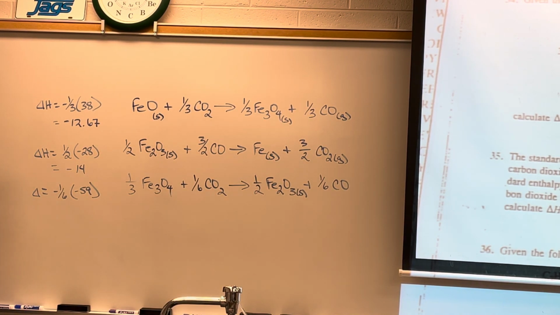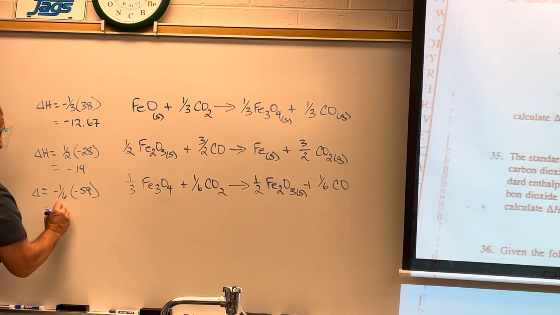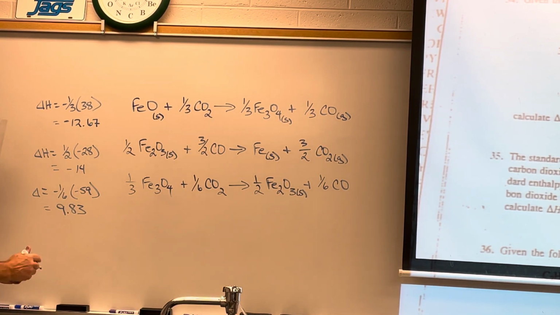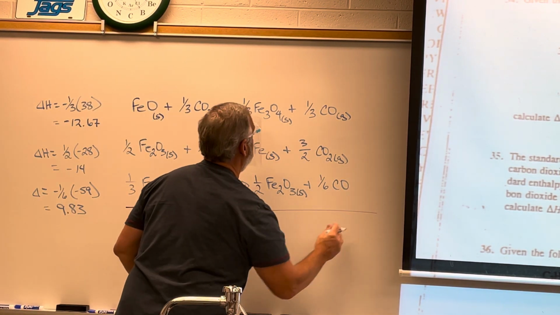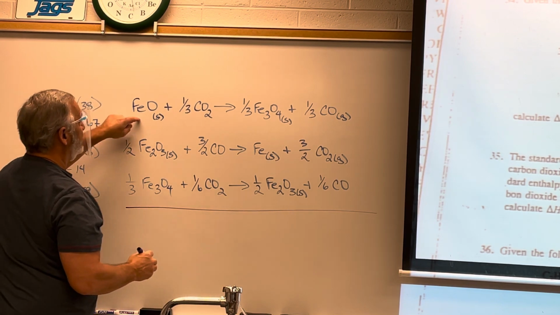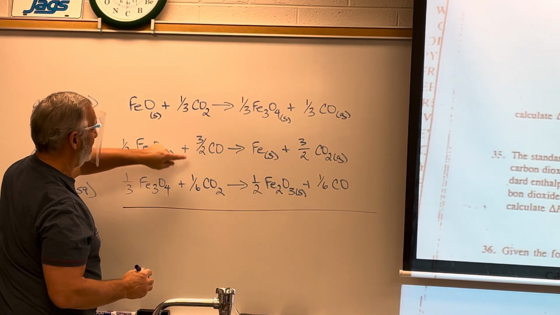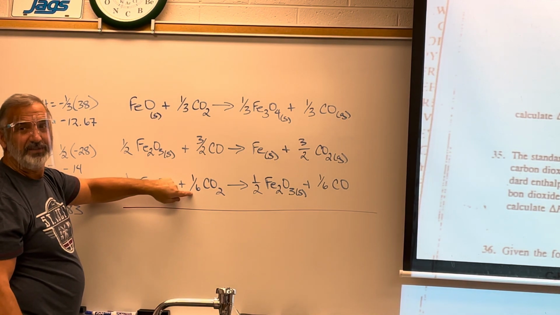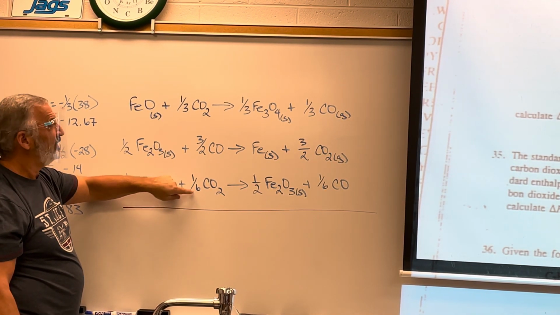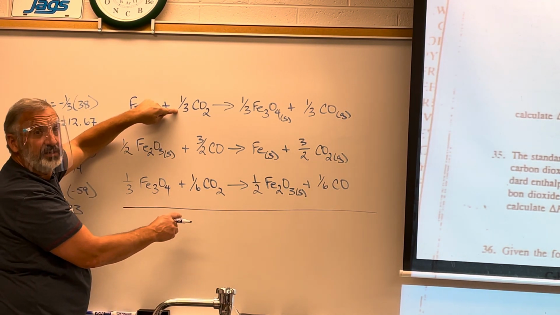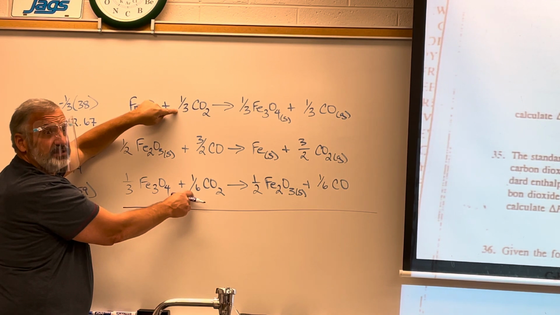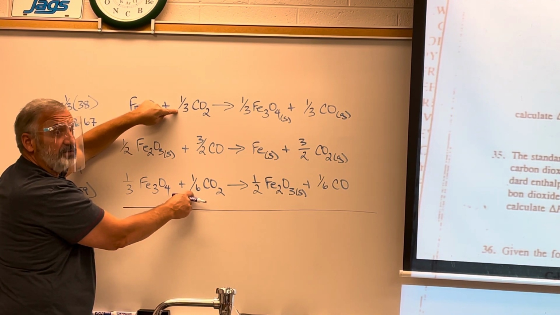That's going to come out close to 10, but what does it come out to? 9.83. But we have to verify that everything's going to cancel. FeO stays. 1/3 CO2 and 1/6 CO2: if we change this to sixths, 1/3 is 2/6 plus 1/6 equals 3/6, so it's going to be 1/2 CO2.